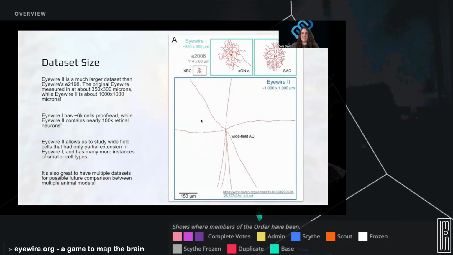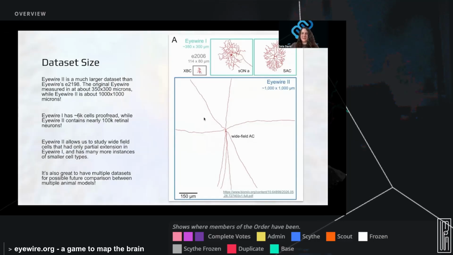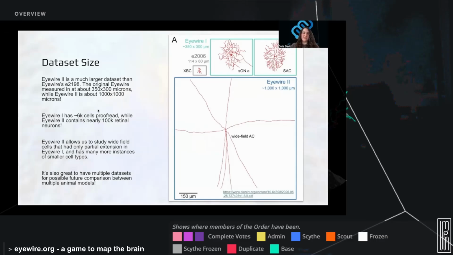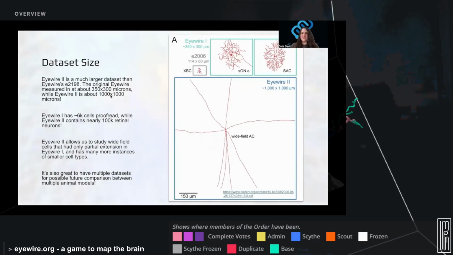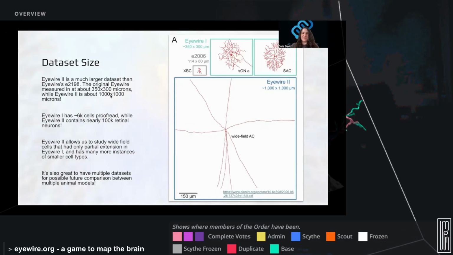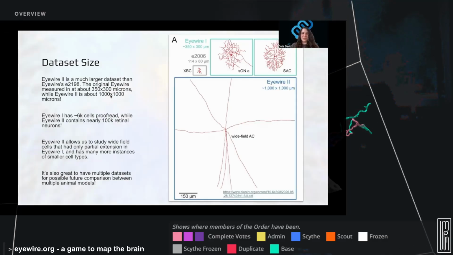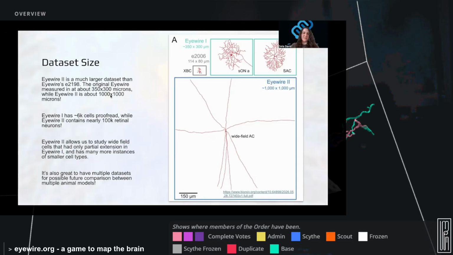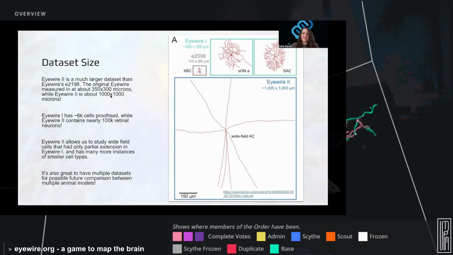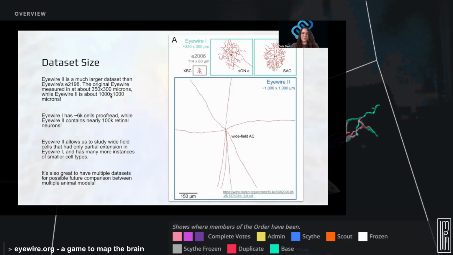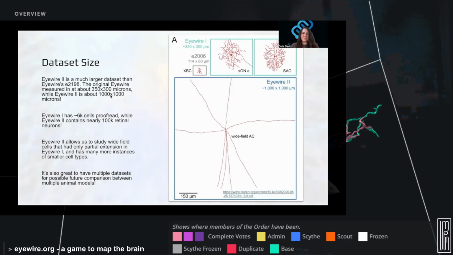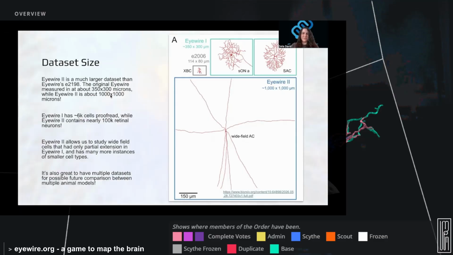So you can see the great size difference that we're working with here. EyeWire 1 was 350 by 300 microns, and EyeWire 2 is about 1,000 by 1,000 microns, so much larger. And the benefit of that is obviously many more cells that have been proofread.